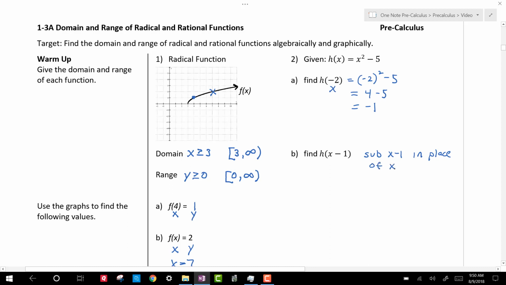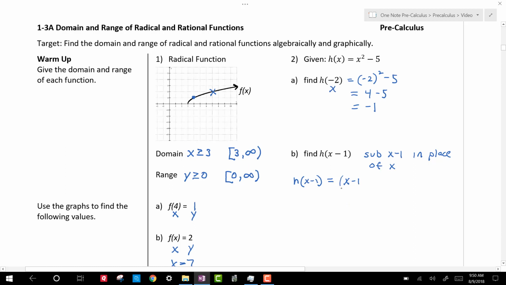In other words, take out the x in the function and put in an x minus 1. So here we go. h of x minus 1 would equal, now my x is being squared, so the first thing I'm going to do is take out the x, and I'm going to put in an x minus 1.